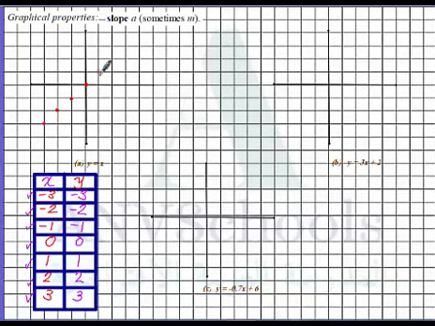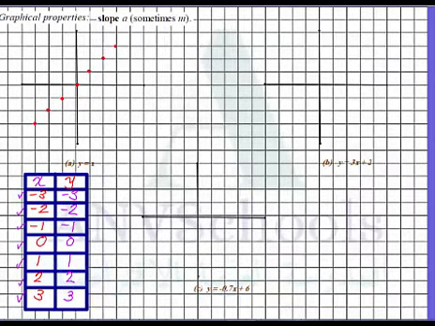So it's like that. Okay? And then we are now ready to connect all of the points. Let's see how this fares. So let's add the points. And I'm going to connect it.